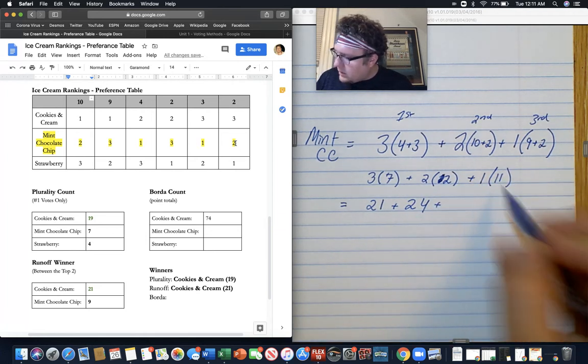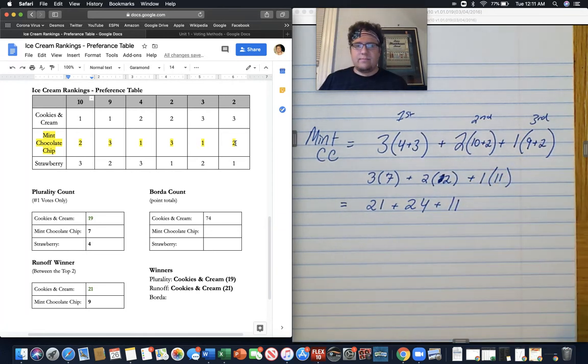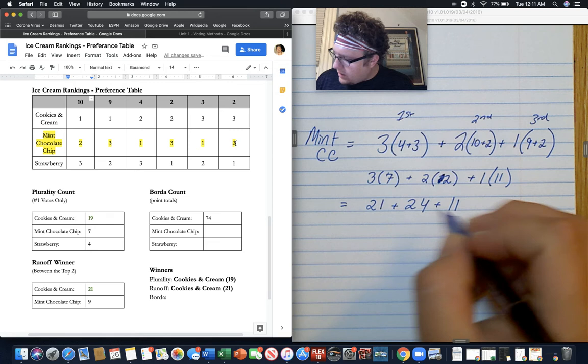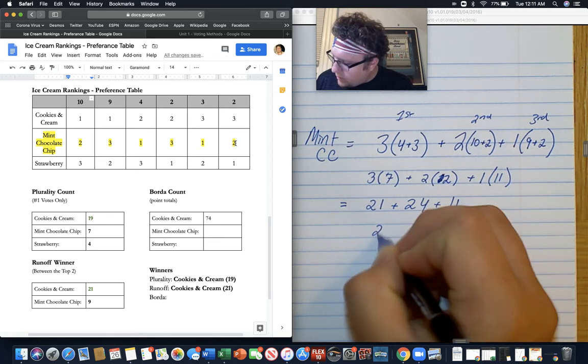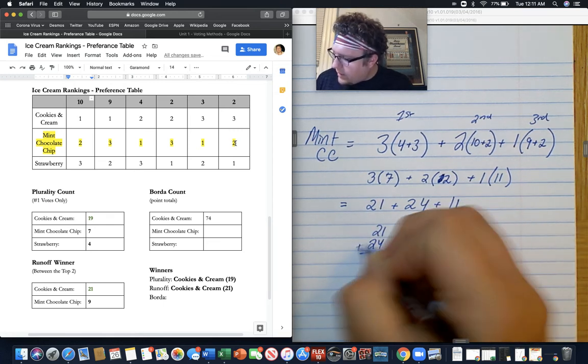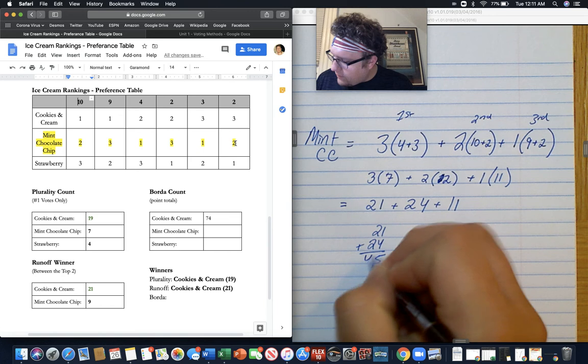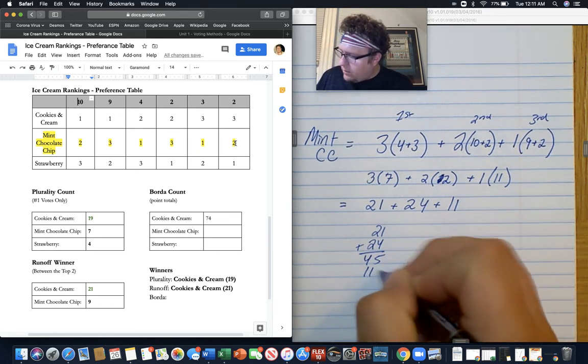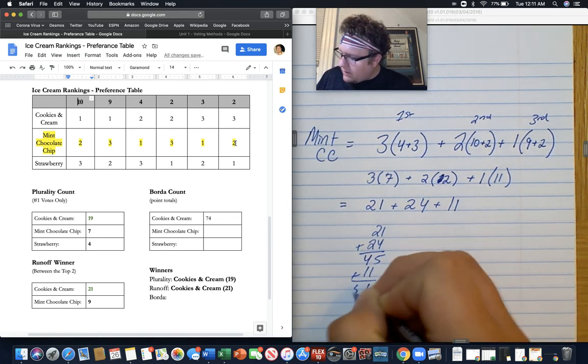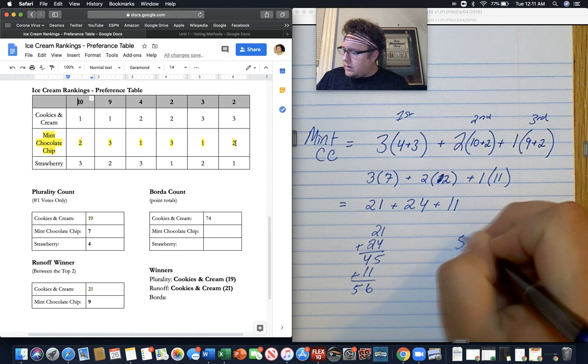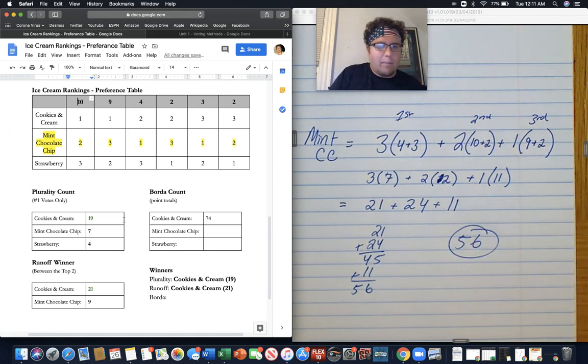And then 1 times 11 is 11. Okay, so let's see, 21 plus 24, that's going to give us 45. So 45 plus the 11 is going to give us 56. All right, so 56 is the Borda total for mint chocolate chip.